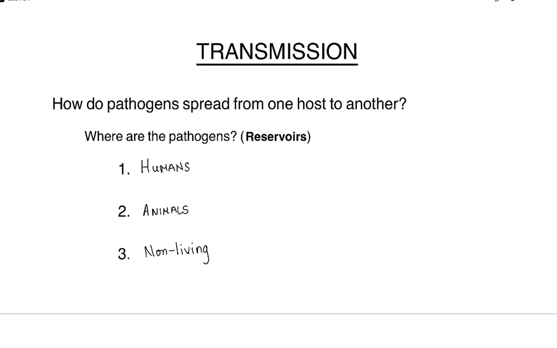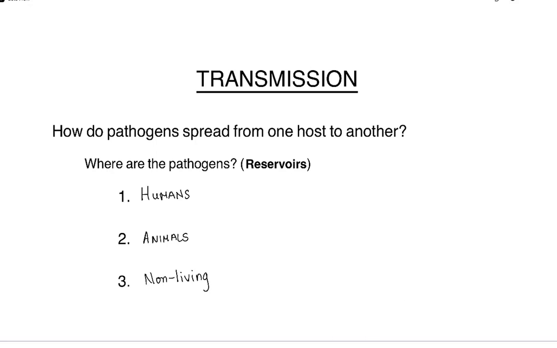Vibrio cholerae is found in the ocean, so water is the non-living reservoir for cholera. Legionella pneumophila, which I used as an example before, Legionnaires' disease, also uses a water supply. So again, there are some pathogens that use non-living reservoirs. There's not a whole lot of them. Like I said, the most common reservoir is humans.